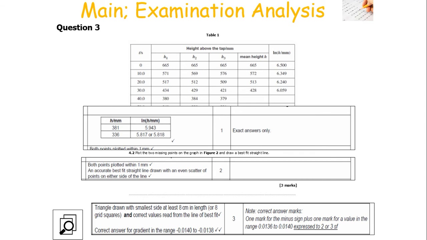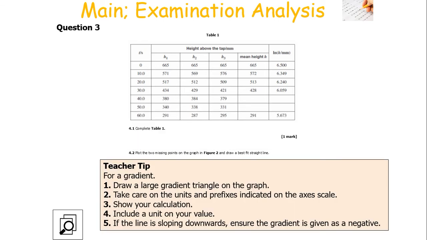And then you work out your gradient by once again drawing a triangle with at least a side of 8 centimeters on either one, and then using that to work out the gradient. Now again, it says the correct answer is between minus 0.0140 and minus 0.0138. The minus would indicate to me that the line of best fit must be sloping downwards, because a negative gradient indicates the line of best fit is sloping downwards.